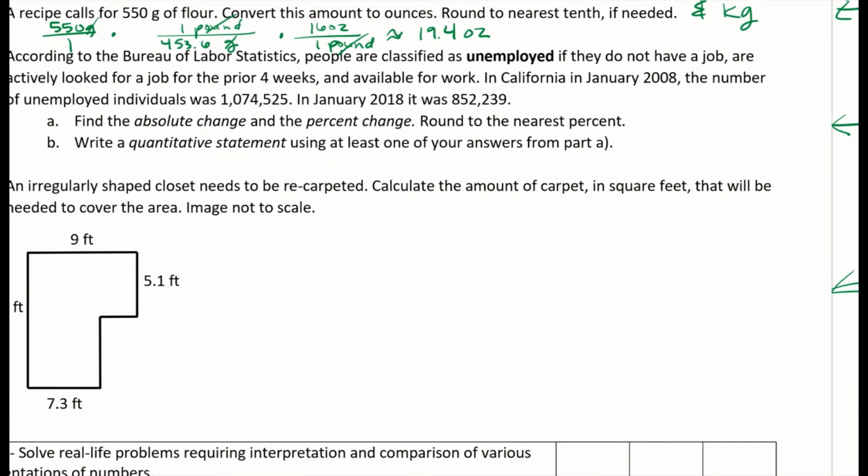Okay, so here I have unemployments. I have absolute numbers. So I'm going to subtract the two numbers to get the absolute change. For percent change, I'm going to subtract them, divide by the old, multiply by 100. So here I have the new minus old for the absolute change.